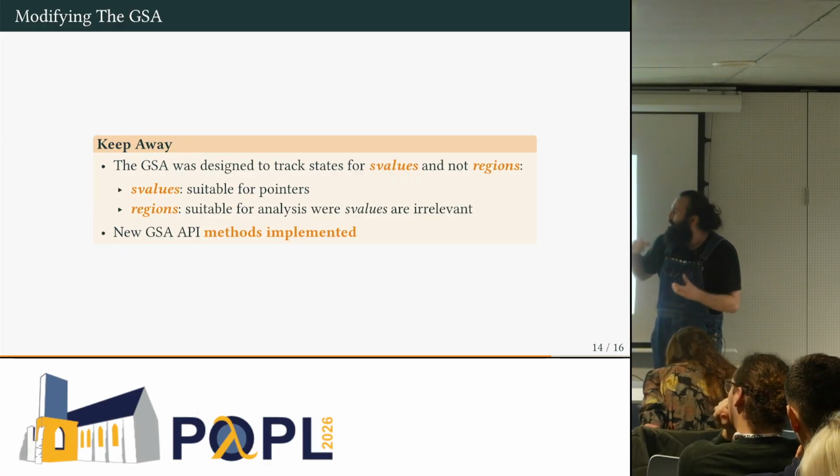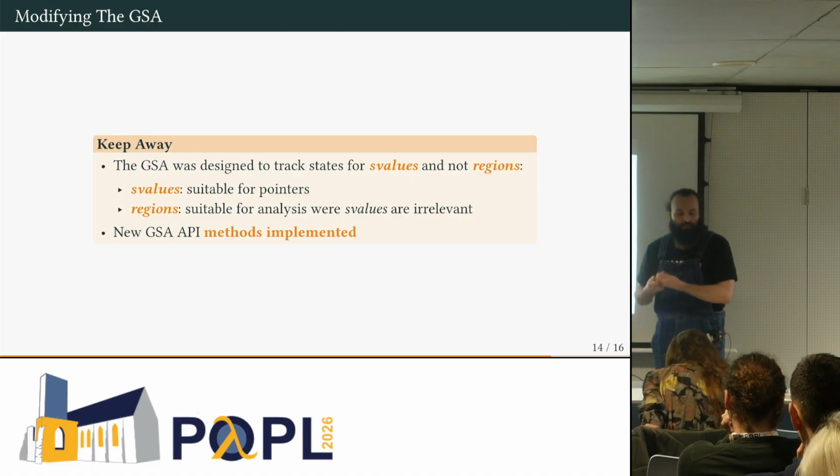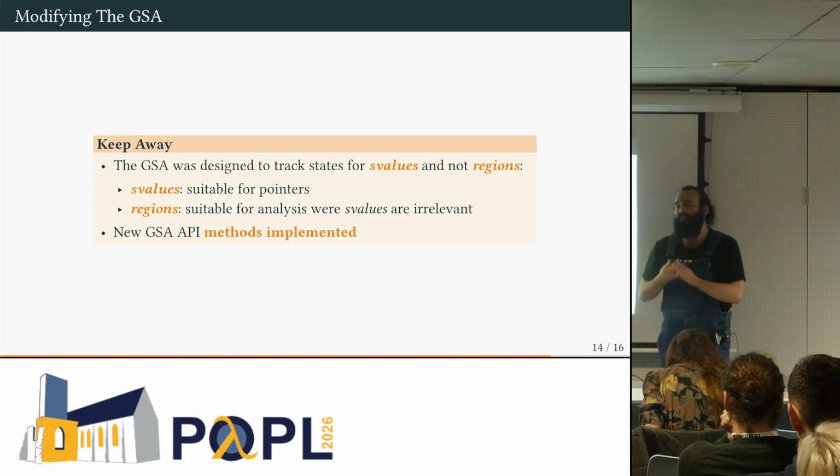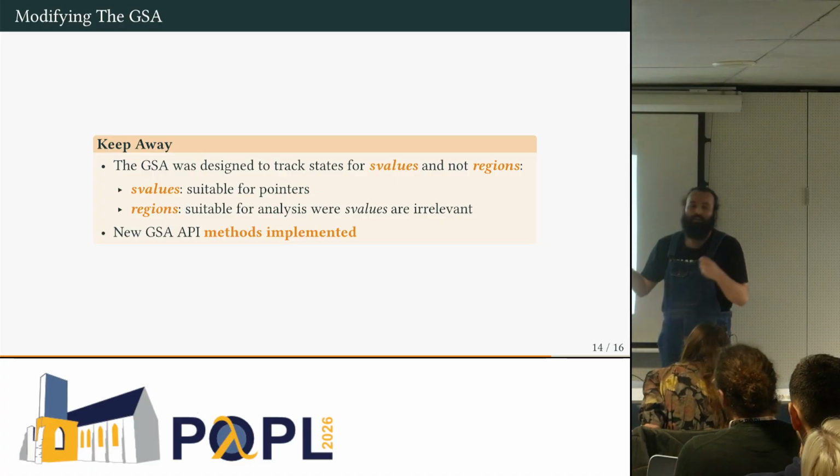So that means it was meant to track S values, because the memory model itself actually gives you a points-to analysis thanks to the model of the S value and the region.